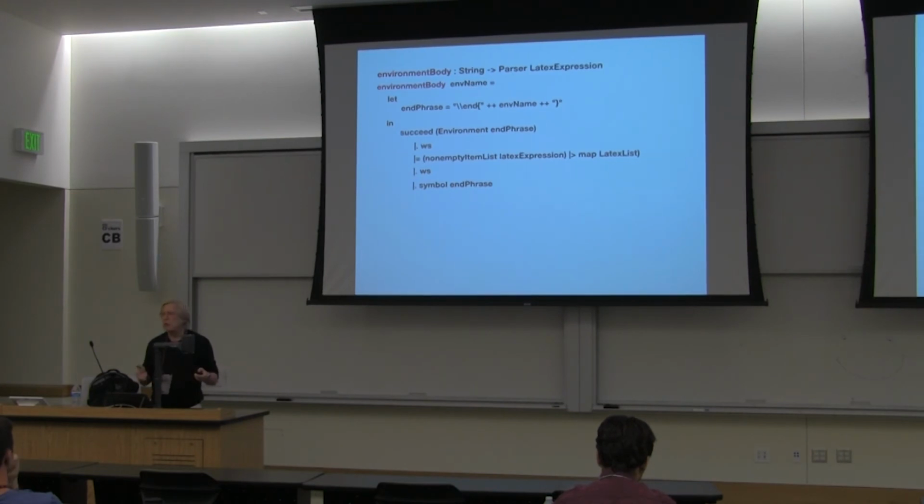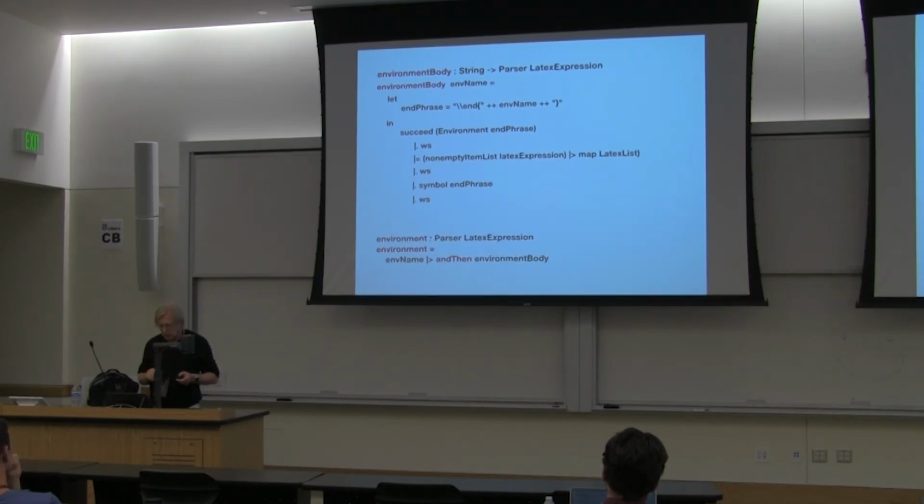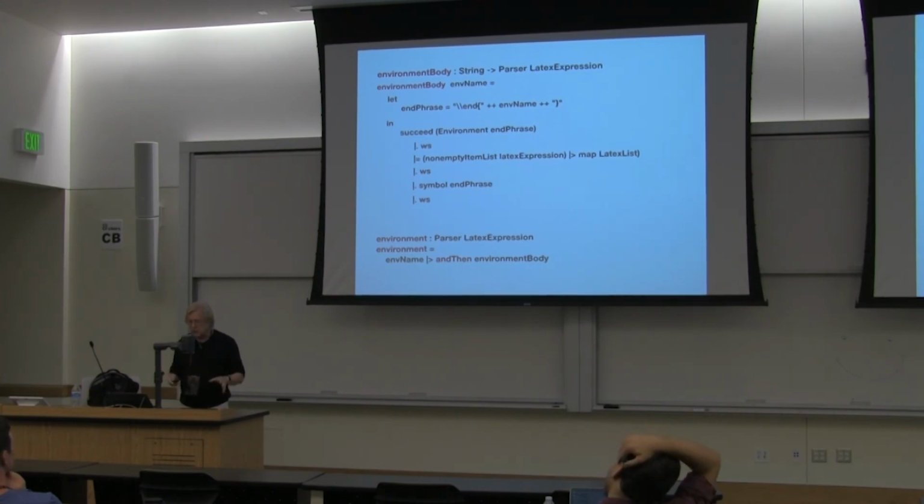We parse that, but we don't care. We eat it, so to speak, just as long as it's the right thing. Okay, so once again, the environment parser is just something that we get by composing two parsers using one of these combinators.